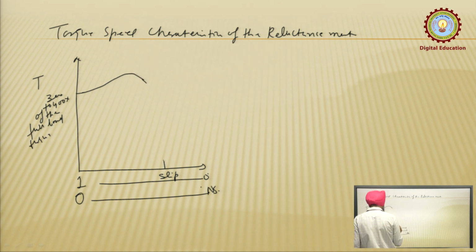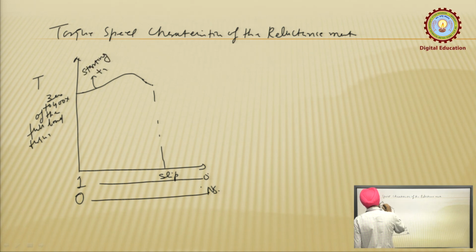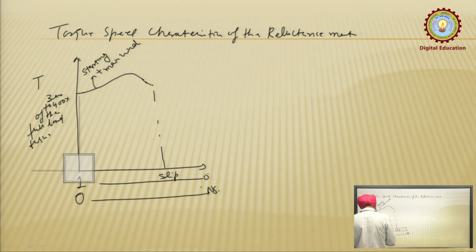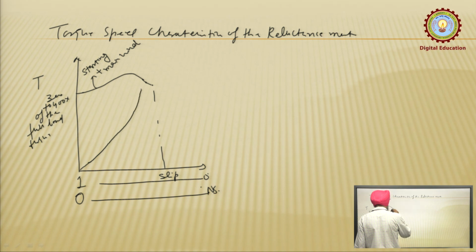When it reaches this, torque is developed with the help of both starting or auxiliary winding plus main winding. Okay. And if we follow the main winding only, then its torque curve is like this. For main winding, we already know how its torque curve is.